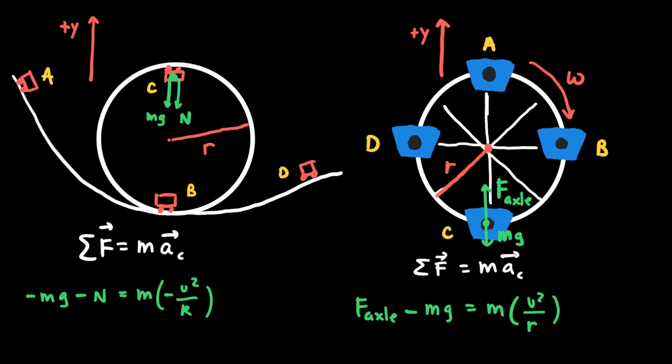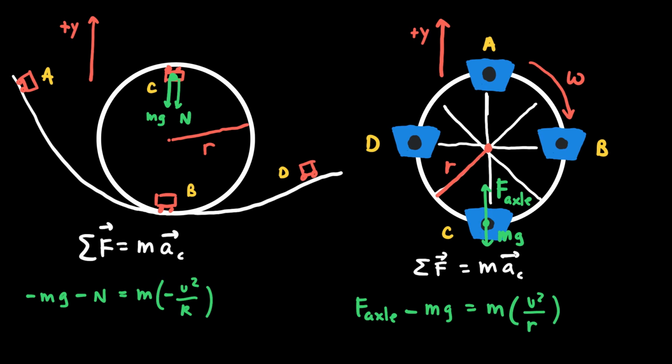Here I have a couple of examples of how you might apply Newton's second law to a situation where something's moving in a circle. On the left-hand side I have a little roller coaster track where it starts off at the top and goes through this loop. Most importantly, at point C, the object is at the top of the loop, and if the loop is a circle, then it's in uniform circular motion at that point in time.